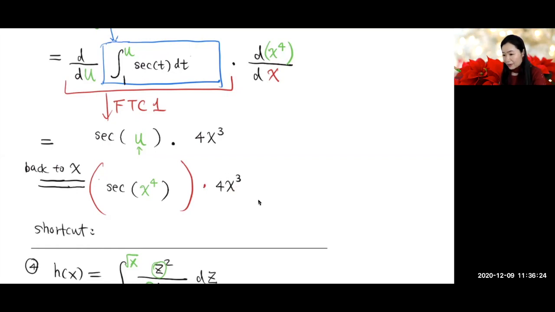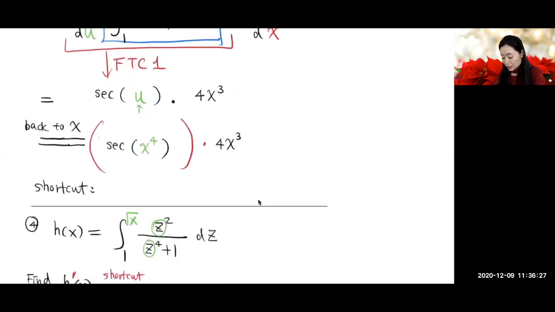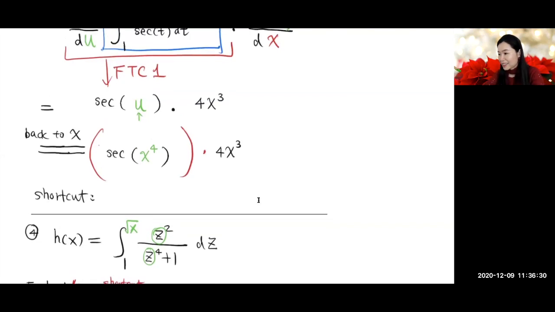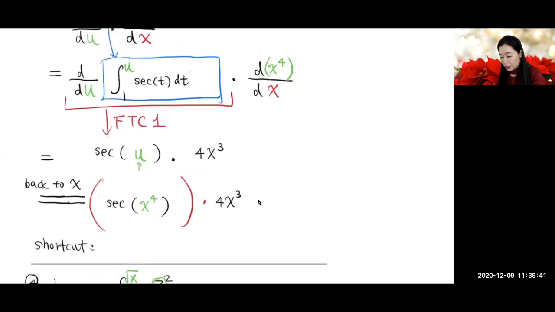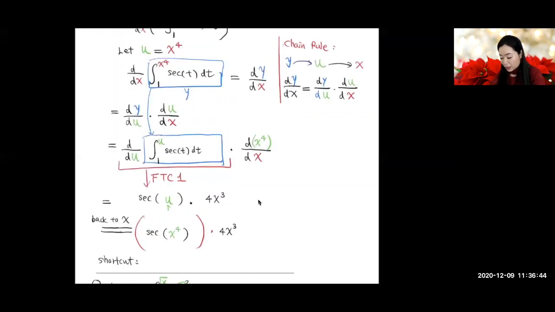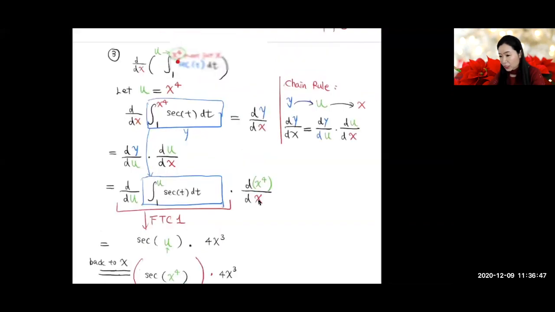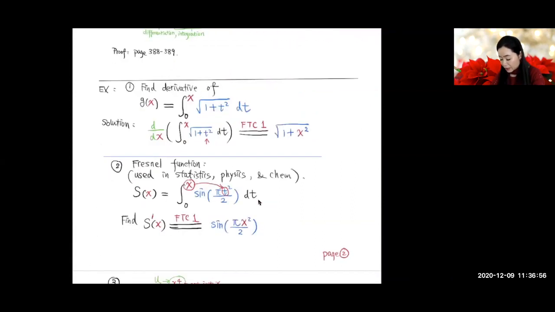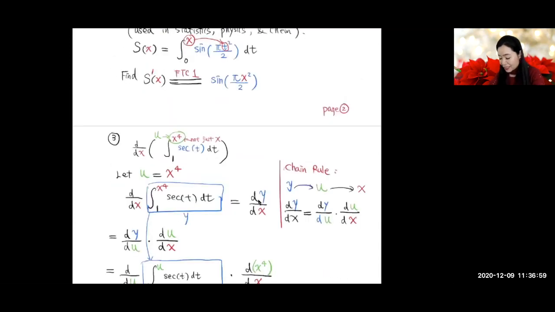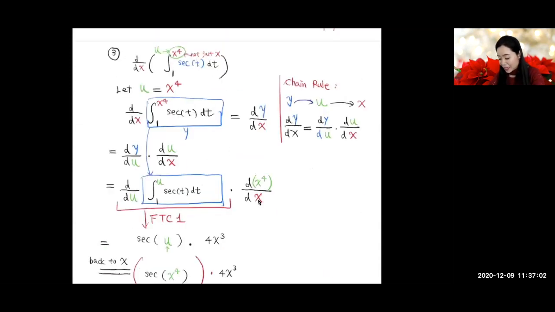All right, so now we can have a shortcut. After all this, you don't have to go through this again and again. So what's the shortcut? You get back to this function over here, secant, and we replace the t here by x to the 4.